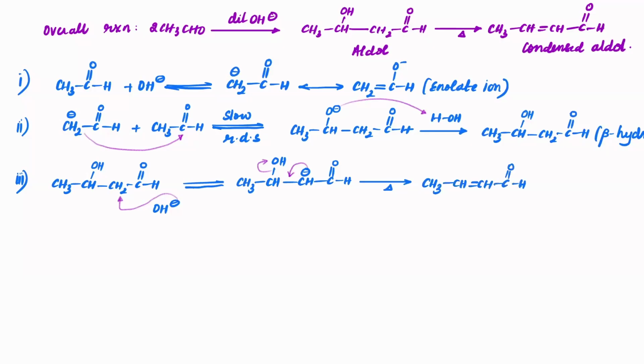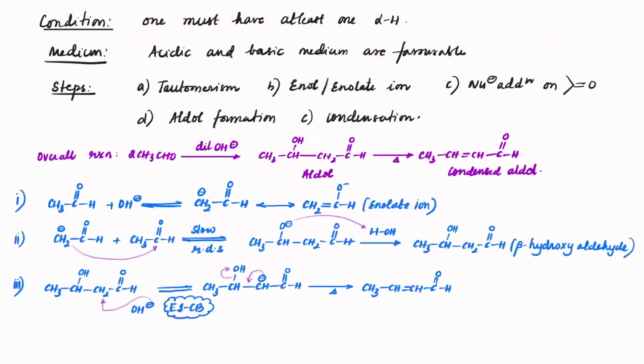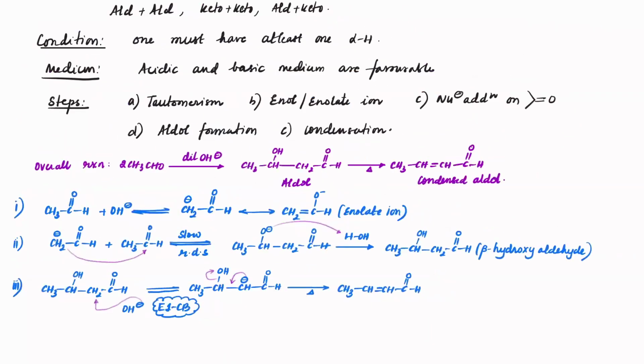What do you call this type of mechanism? It is the E1CB mechanism. Usually in basic medium, the E1CB mechanism is the most favorable. You can see the enolate ion formed first, then nucleophilic addition happens.